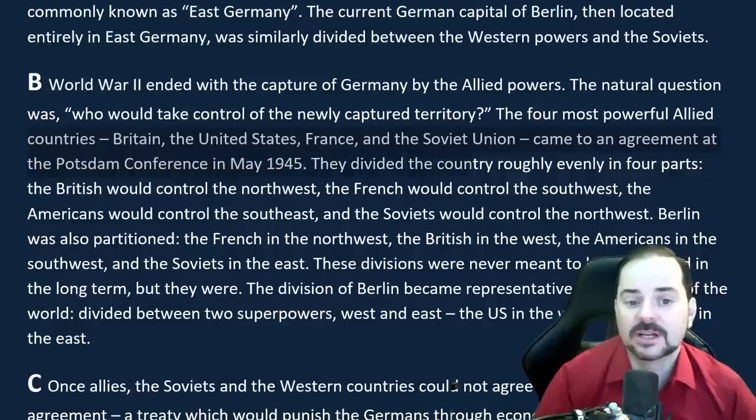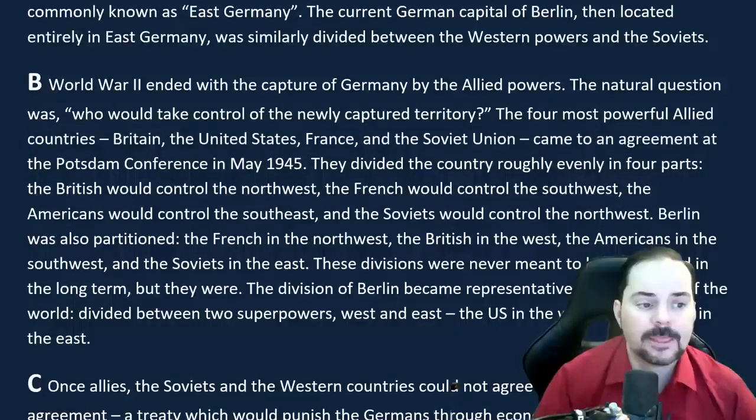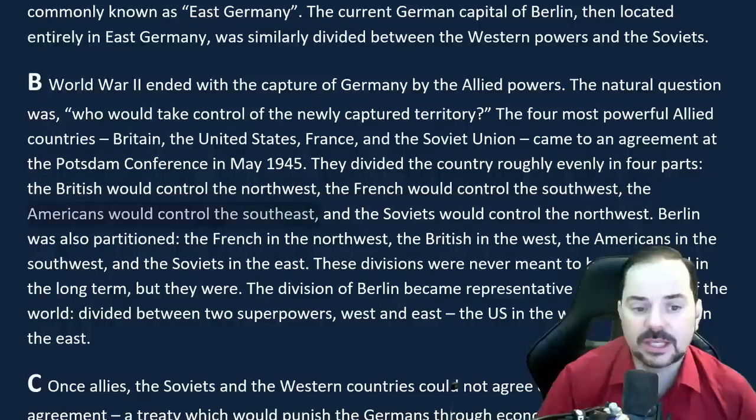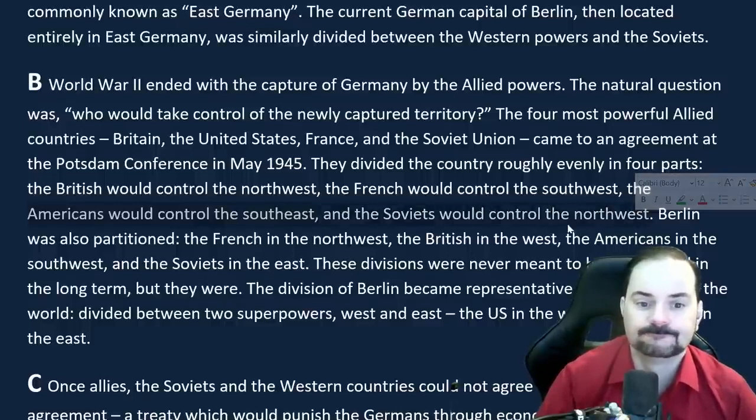They divided the country roughly evenly in four parts. The British would control the northwest. The French would control the southwest. The Americans would control the southeast, and the Soviets would control the northwest.